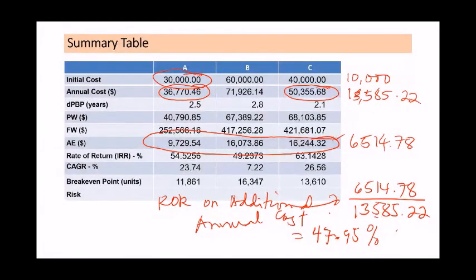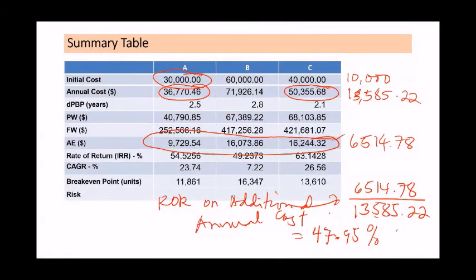Again, 47.95% is higher than your MARR. That means to say, we can go with higher annual cost because the annual profit is higher in terms of percentage. So it justifies the higher annual cost.